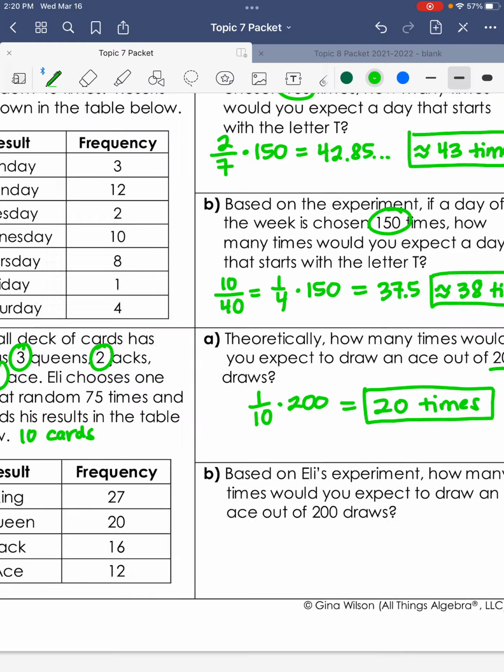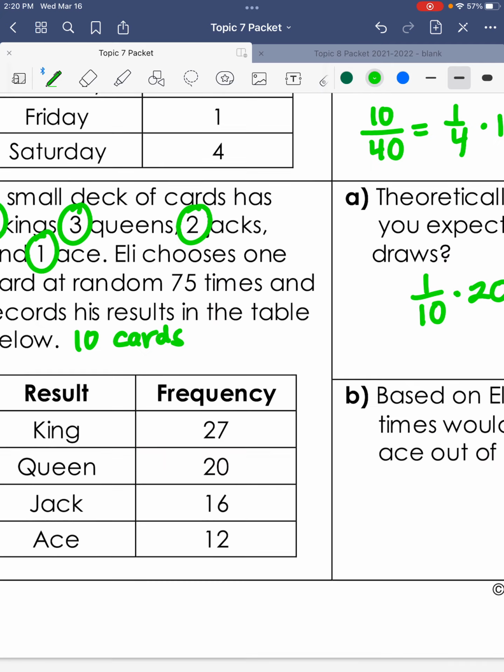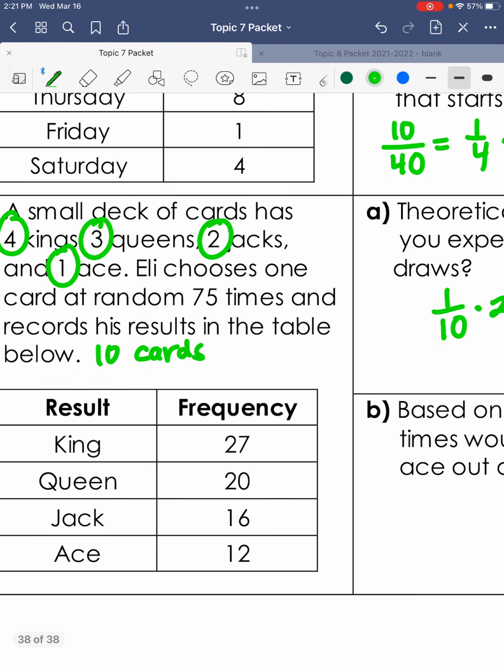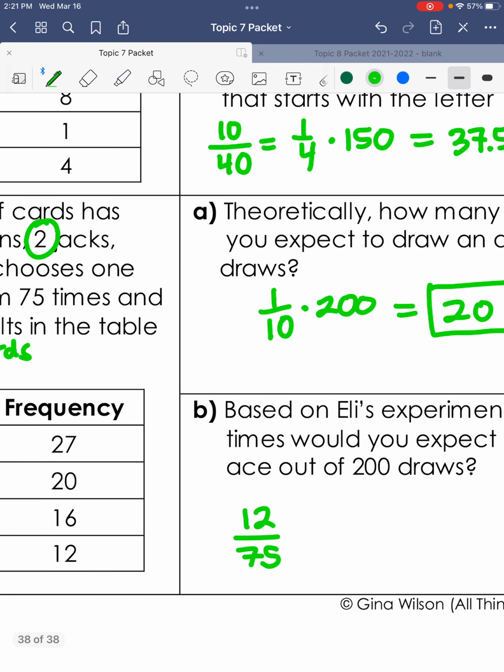Okay, and then B, based on the experiment, how many times would you expect to draw an ace out of 200 draws? Well, in our experiment here, he drew an ace 12 times. 12 times out of 75 times, right? So 12 out of 75. Now, that fraction does reduce, but like I said, you don't always have to reduce these because we're still predicting.